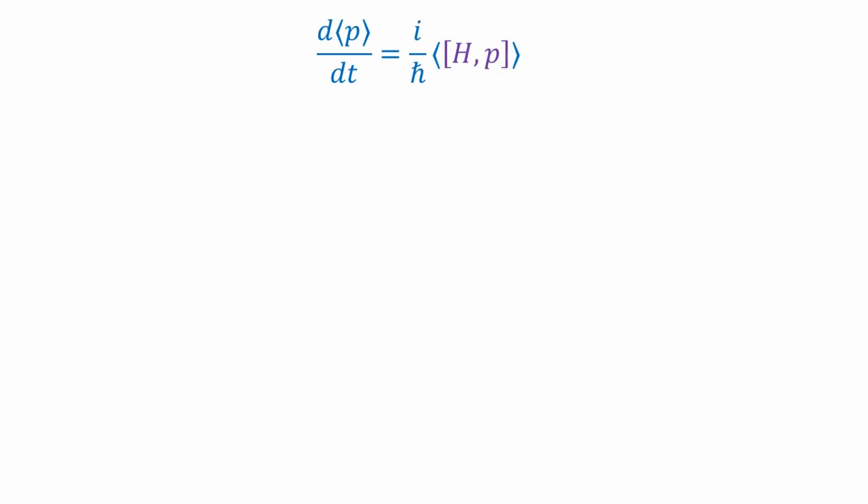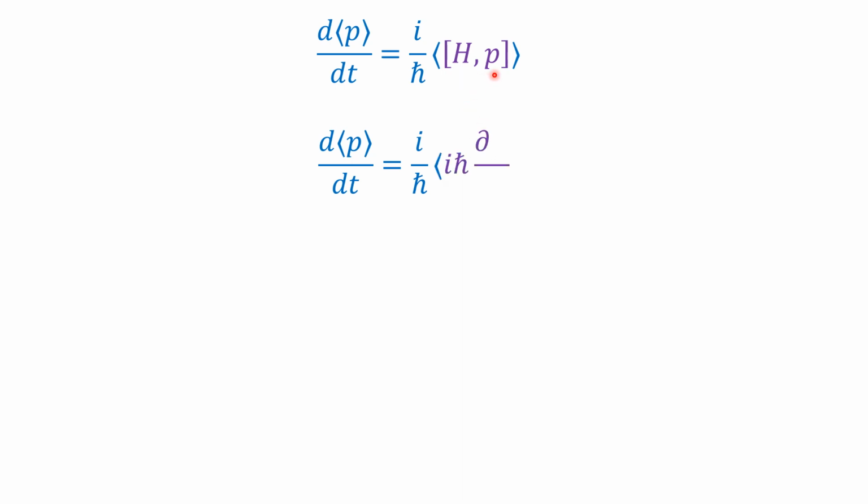By definition, the time derivative of the expectation value of p is equal to i over h cross times the expectation value of the commutator of H with p. Now we have found that this commutator is equal to i h cross del V over del x, and I am replacing that here.